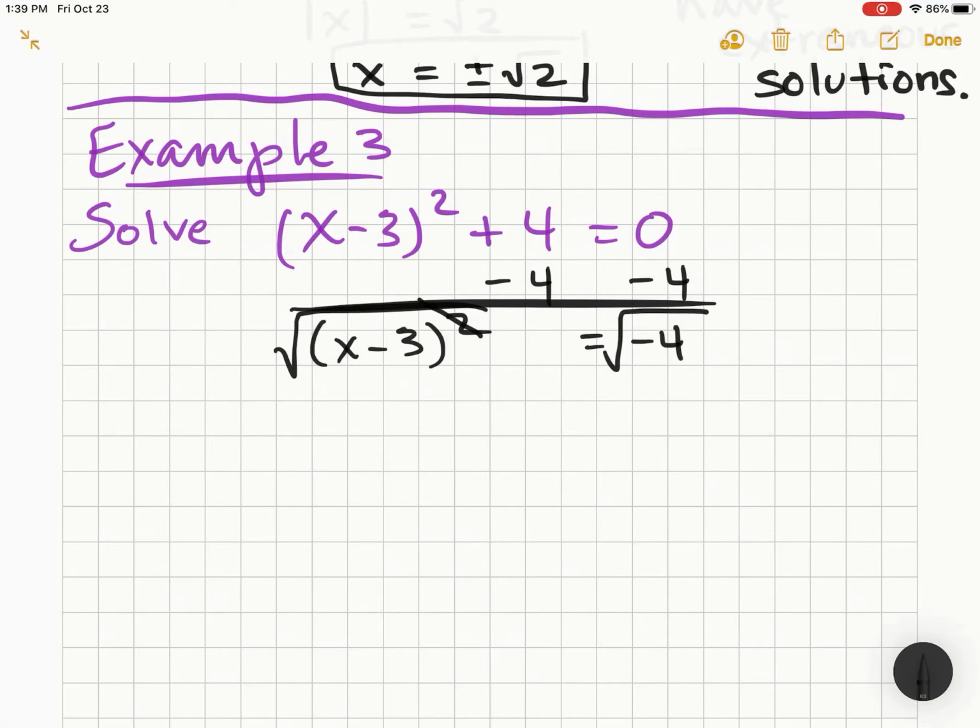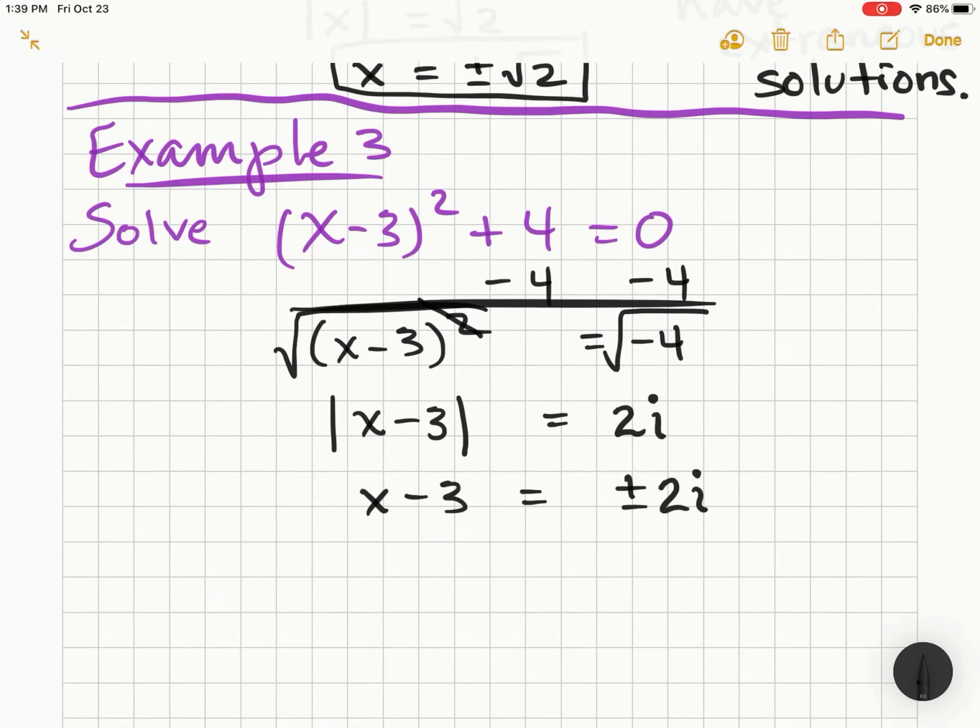Again, when you cancel out the square with the square root, we have to do absolute value around all of that. Now remember, when you take the square root of a negative number, we get that imaginary thing going on. So now we're going to remove the bars and make the other side plus or minus.